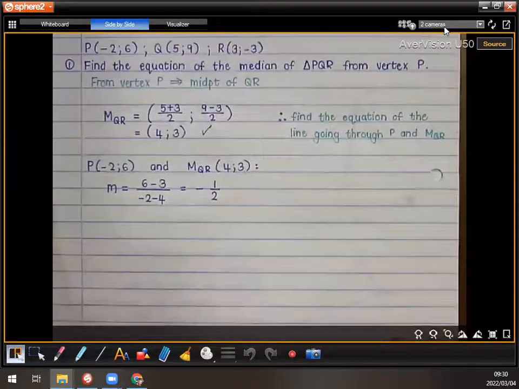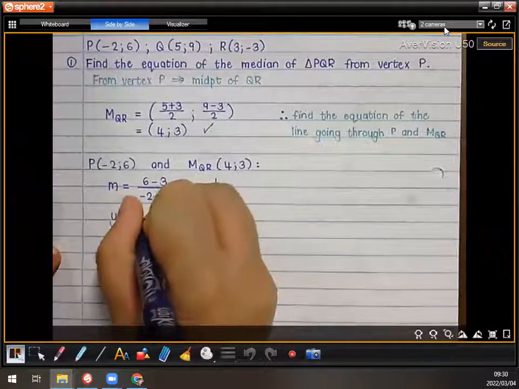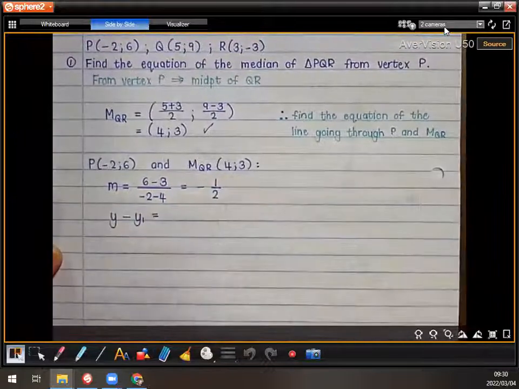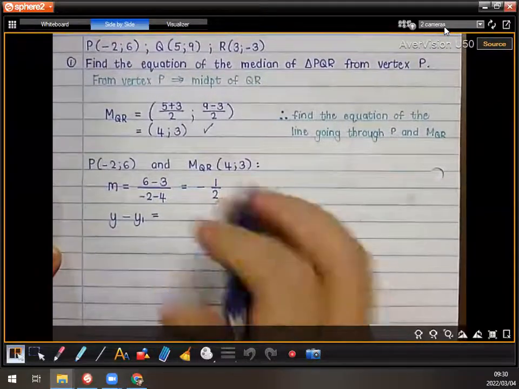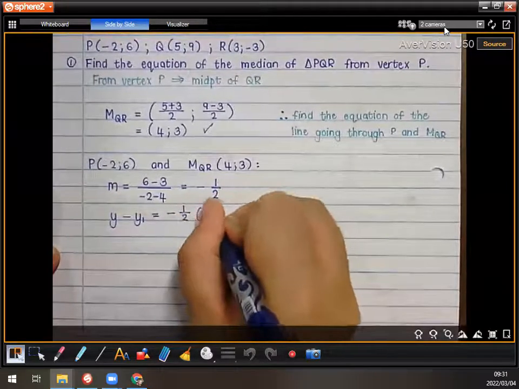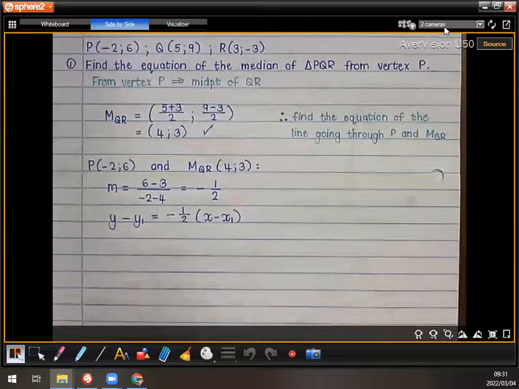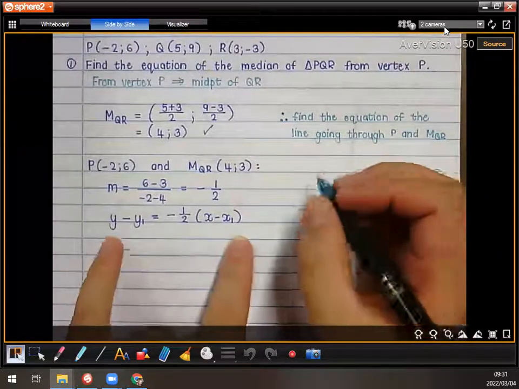But this is the gradient of my line, guys. So now I'm actually going to write y minus y1 is equal to n, but n is now -1/2. Okay, so I'm going to use that n value times x minus x1. I'll just write on the side where this is coming from.